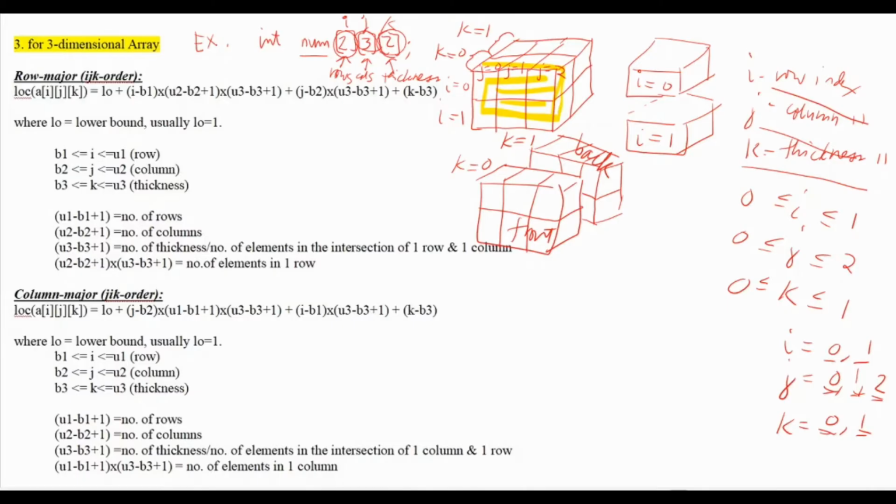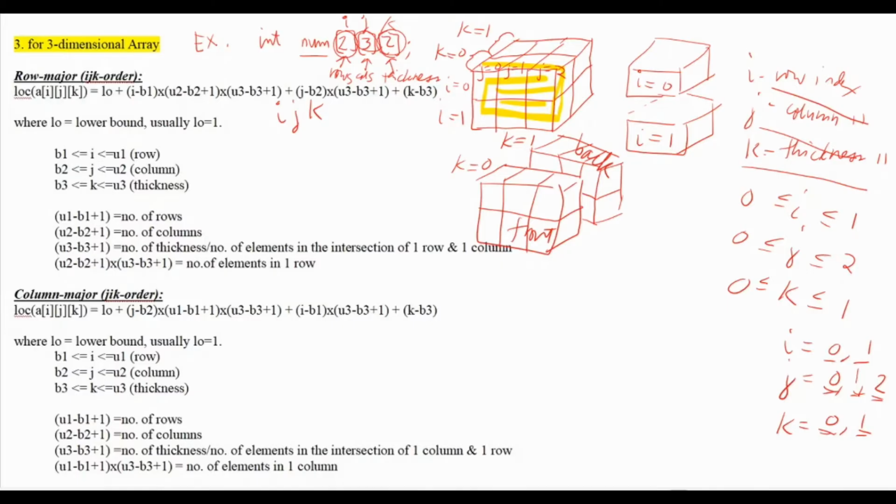Now, how many ways can we combine without repetition the 3 indices i, j, k? We call that permutation in mathematics. Permutation is how many times you can combine n objects r at a time without repetition. So the first would be i, j, k.